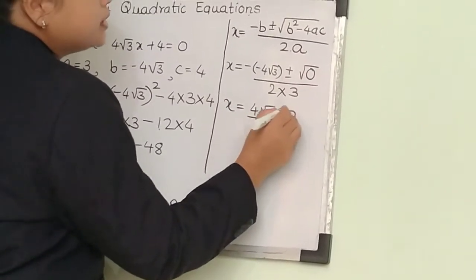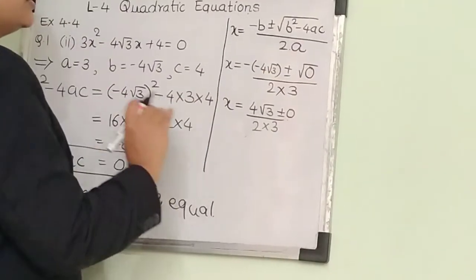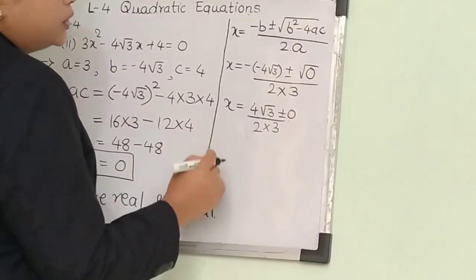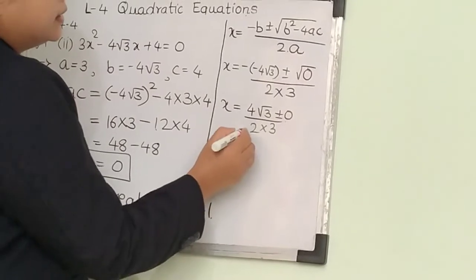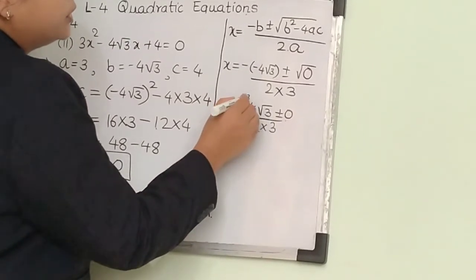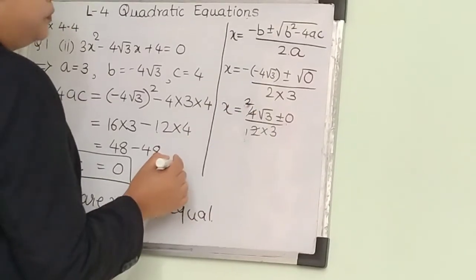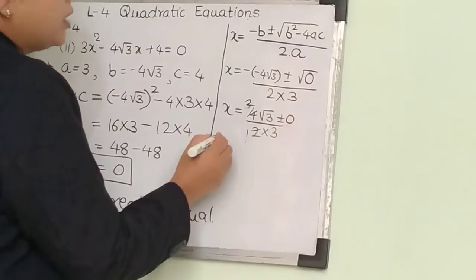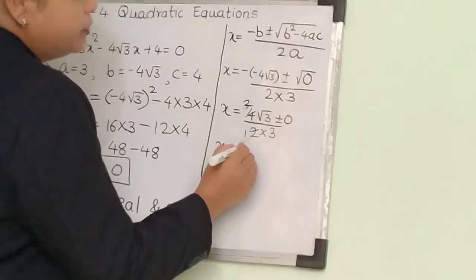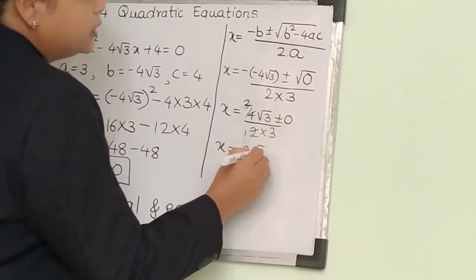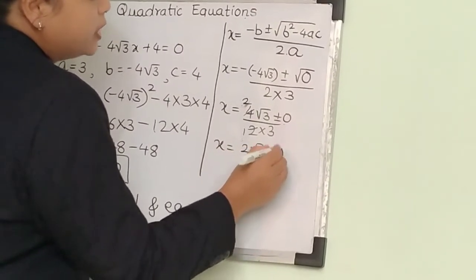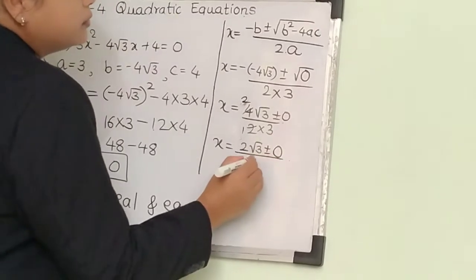So here x equals, minus minus becomes plus, so 4 root 3 upon 2 into 3, plus or minus, this term is totally 0. So here 2 2s are 4. So x equals 2 root 3 plus or minus 0 upon 3.